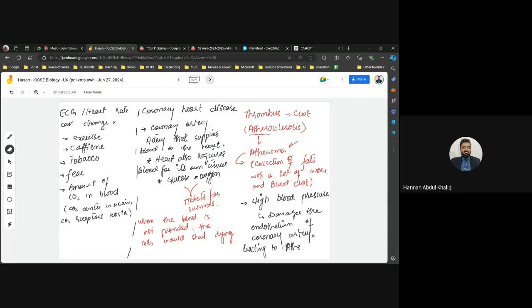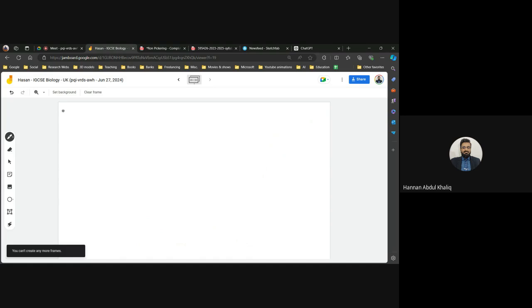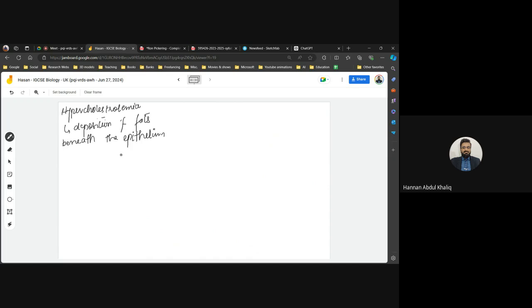Remember that if it is only damaged, there would be thrombus formation. But if there is hypercholesterolemia, or high fats in the blood, then there would be deposition of fats beneath the endothelium, and the more the fats, the larger the clot, the larger the blockage.